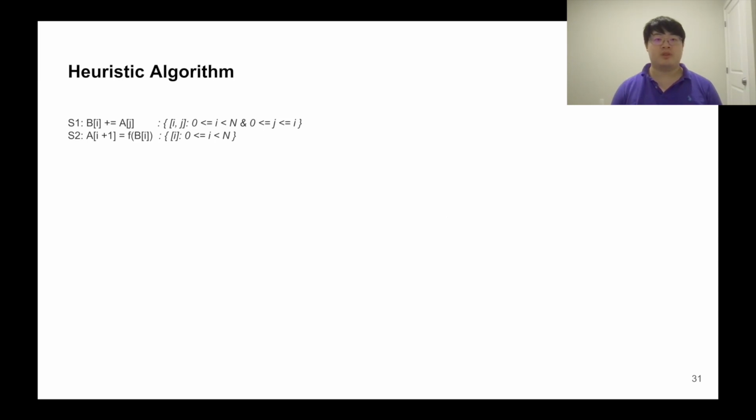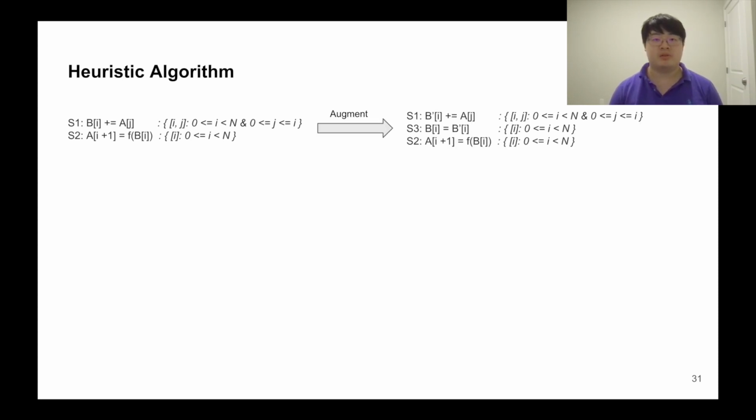We now illustrate the heuristic algorithm using, again, the dependent prefix sum example. The first step of the algorithm is to augment the program with an additional statement that redirects the values of b. This additional statement S3 can be seen as a finalizer of the computation of b in a reduction S1.